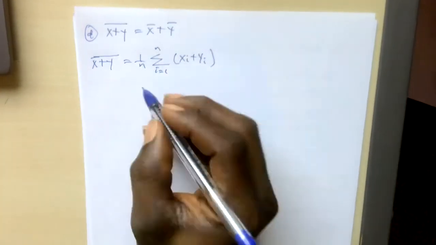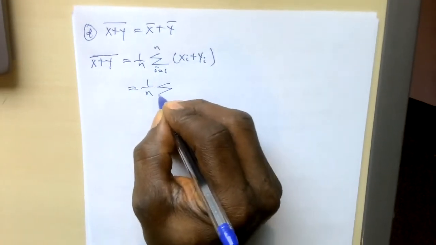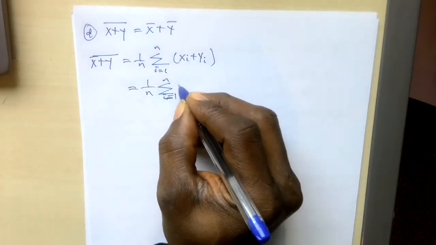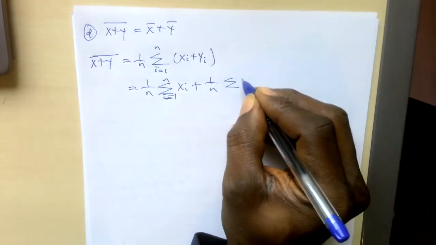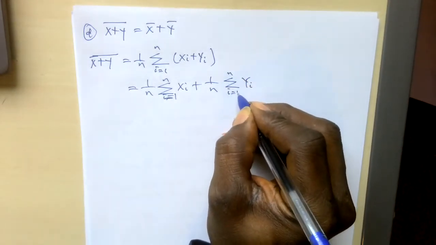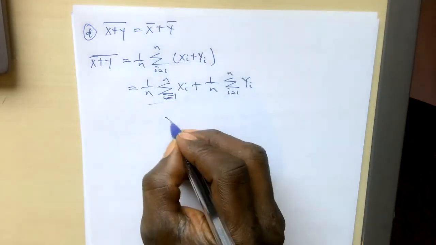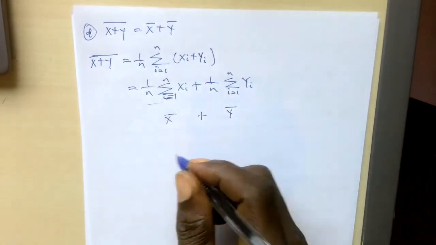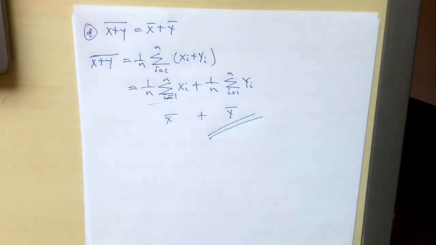So we can open up the bracket. If we open up the bracket, we have 1 over n summation of xi plus 1 over n summation of yi, summing from 1 to n. So if you now look at this, this is the mean of x, this is the mean of y. So that proves exactly what we have to prove.